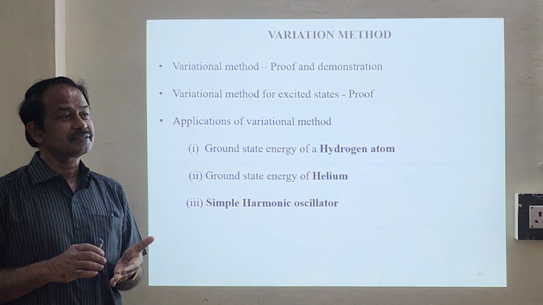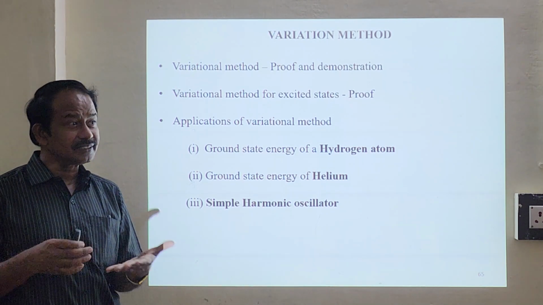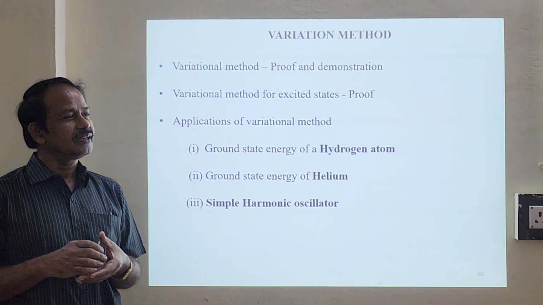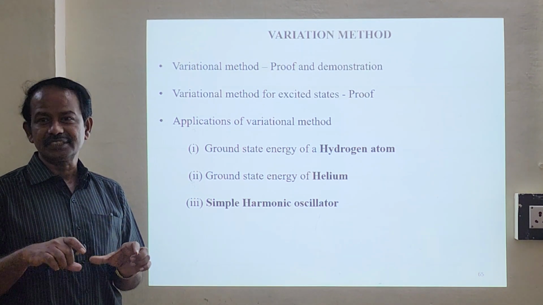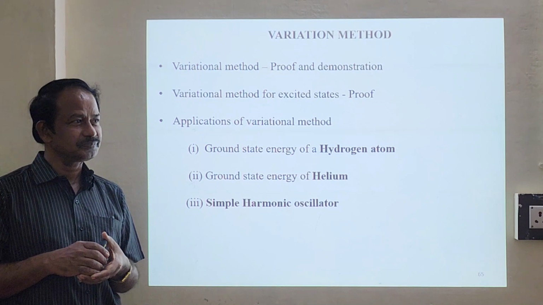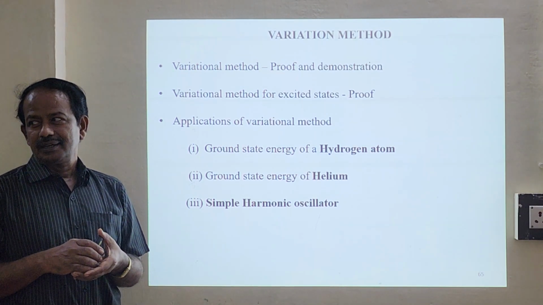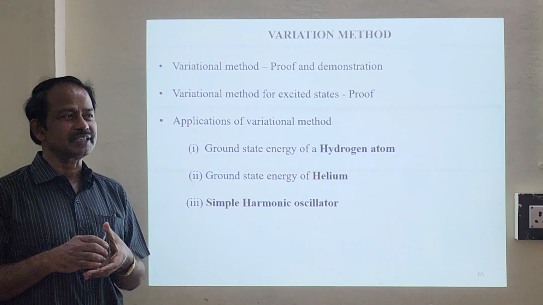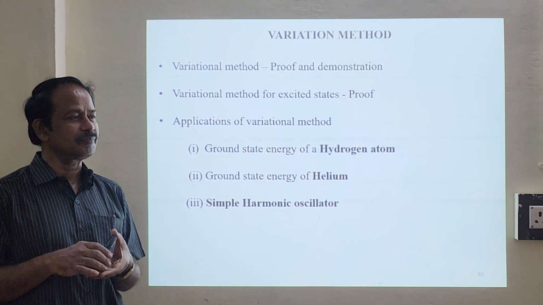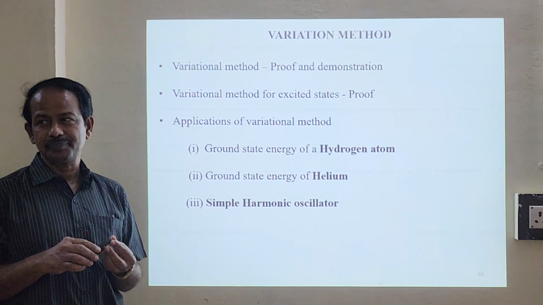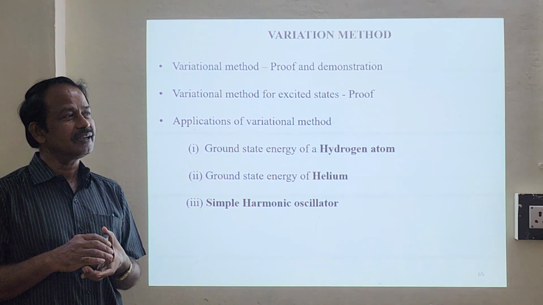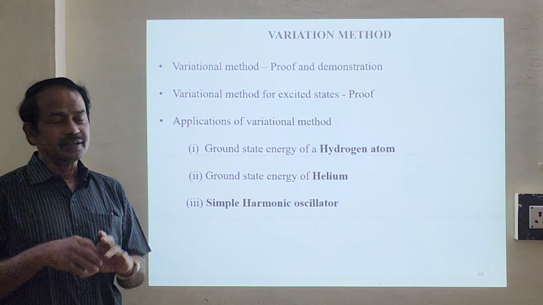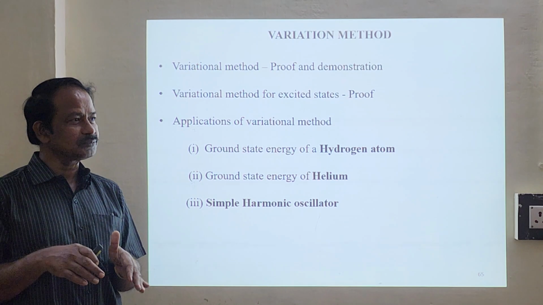And a lot of software and packages are available nowadays. Software like DFT, density functional theory, Quantum Espresso, and many others. Packages like MathCAD, MATLAB, and Mathematica all give some solution.